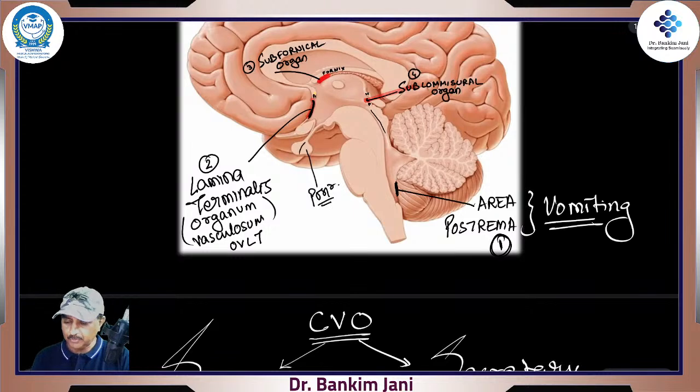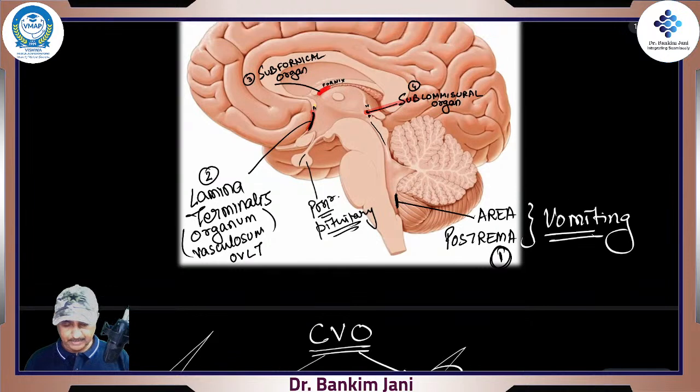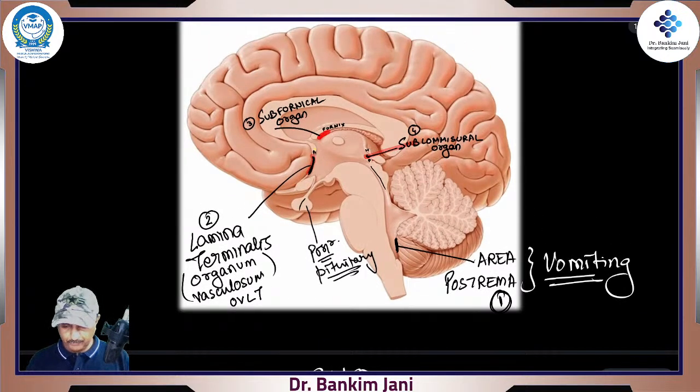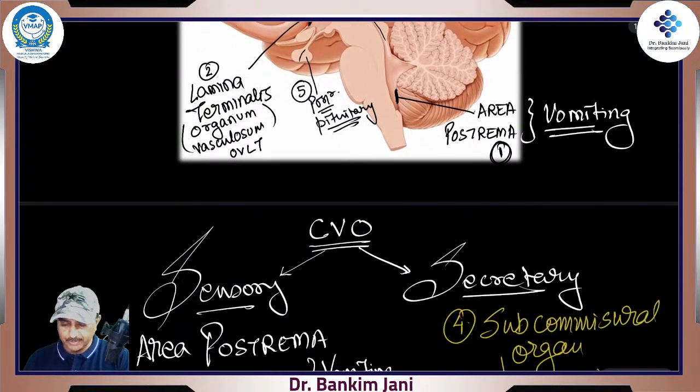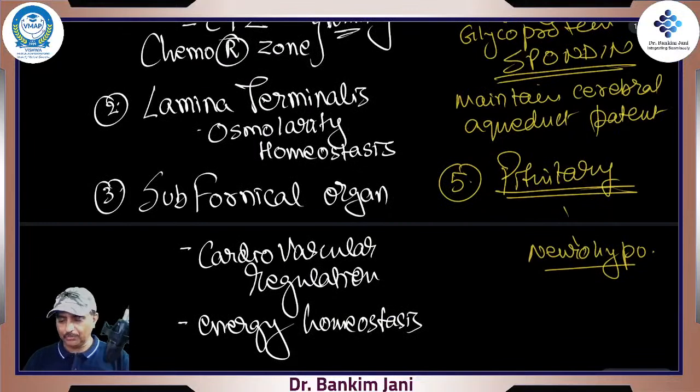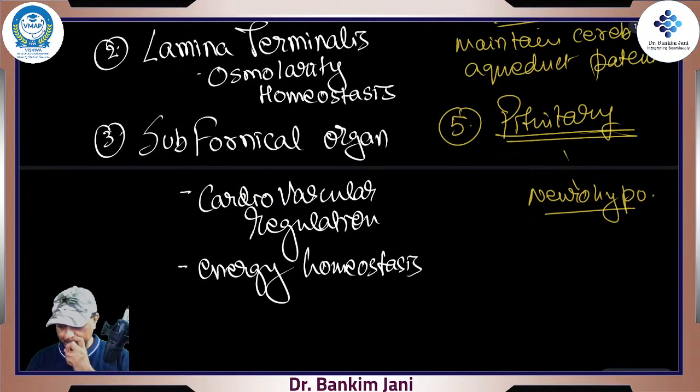That is another CVO, circumventricular organ. So that is 1, 2, 3, 4, and this one is 5, the posterior pituitary. Pituitary is so famous. We are right now not entering into the detail of what the posterior pituitary secretes, but we have already talked about that it is the neurohypophysis.